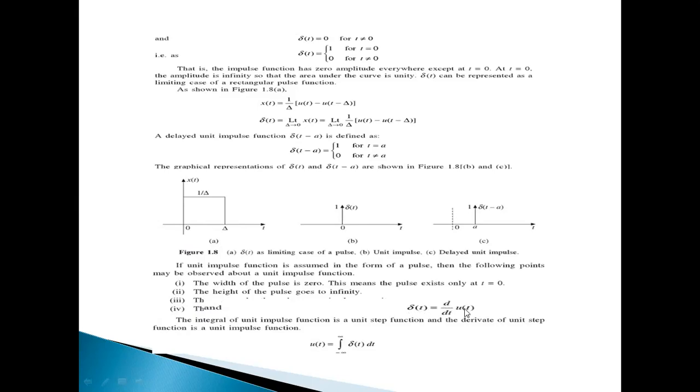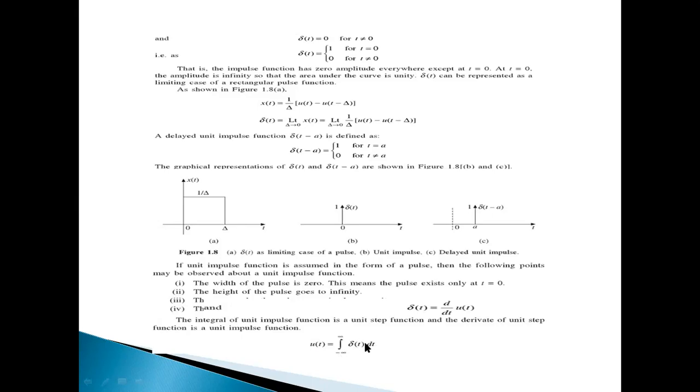Now see the relation between the step and the unit impulse. Delta of t is equal to d by dt of mu of t, or otherwise in integration form, mu of t is equal to the integral from minus infinity to infinity of delta of t.